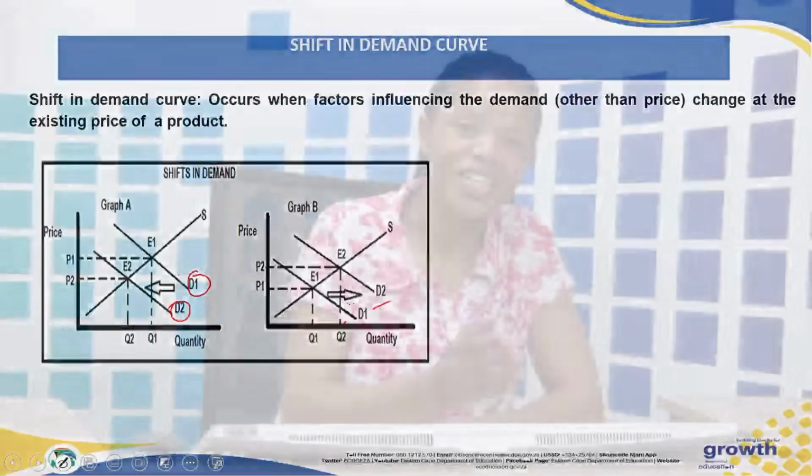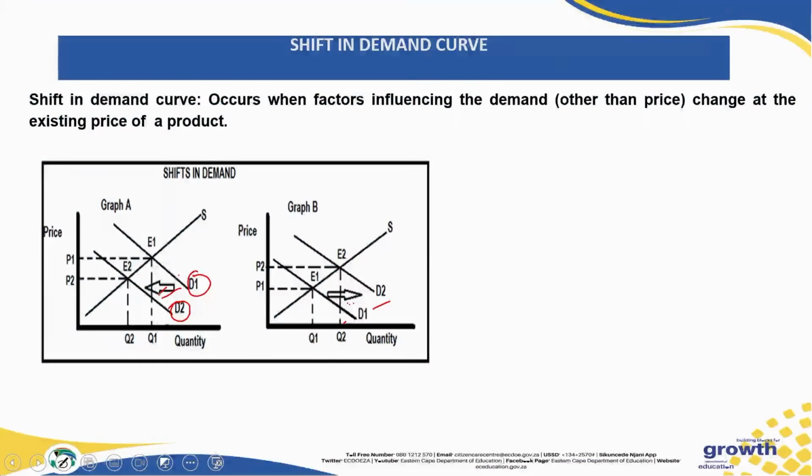Now it is out of fashion, meaning some consumers will stop buying those products because they are no longer in fashion. So the demand will decrease. So the demand curve will shift to the left, because it has decreased. But if the demand curve shifts to the right, meaning there was an increase in the demand, so the demand curve will shift to the right. That is the shift in demand.